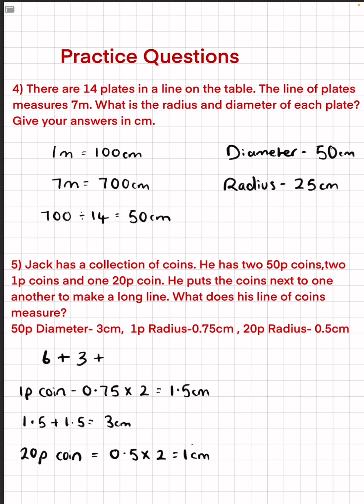So the diameter of a 20p coin is 1 centimeter. Now that we've got the diameter for all the coins, we can add these numbers up to answer the question. 6 plus 3 plus 1 equals 10 centimeters. So the line of coins measures 10 centimeters.